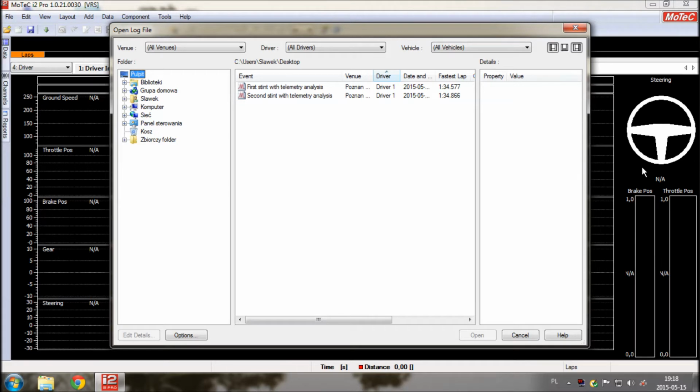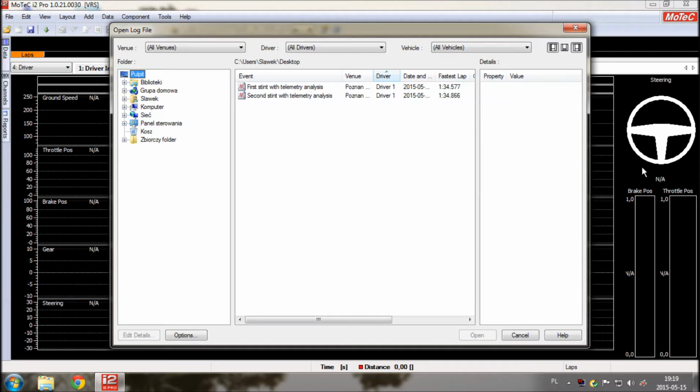So it's a great opportunity to analyze from the very beginning his style, to find errors, to get rid of them, and to go forward, because he has a motion cockpit, so he can feel the forces.